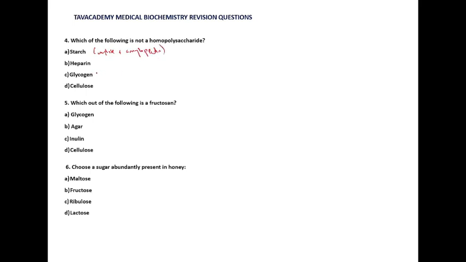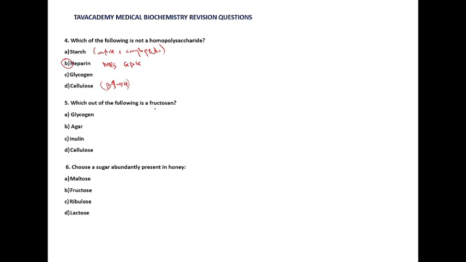So same thing with glycogen, it's also a homopolysaccharide. Cellulose is a homopolysaccharide joined by beta 1 to 4 glycosidic linkages. That's why we don't have the enzyme that can digest cellulose. Heparin is an example of a mucopolysaccharide, also called glycosaminoglycans. So heparin is not a homopolysaccharide, it's a heteropolysaccharide.